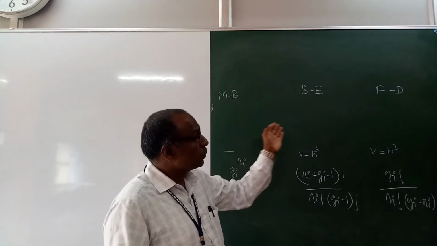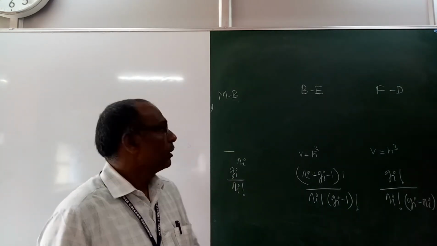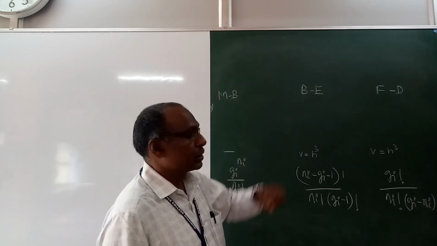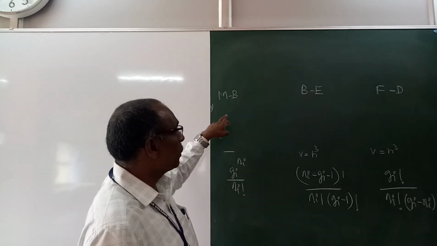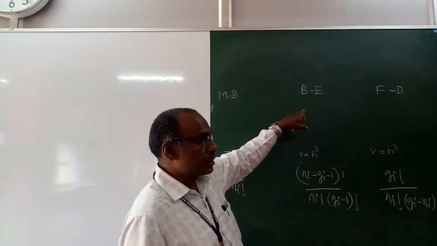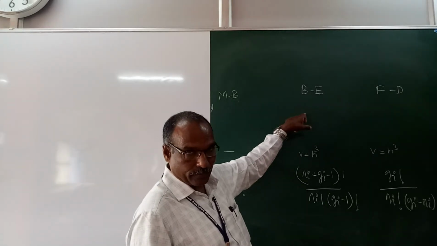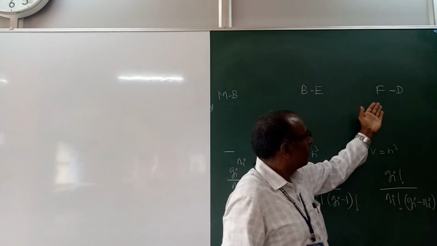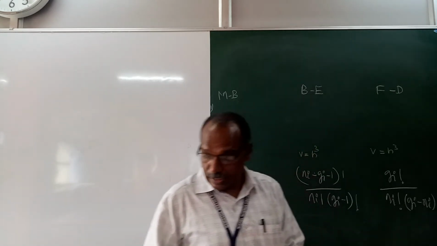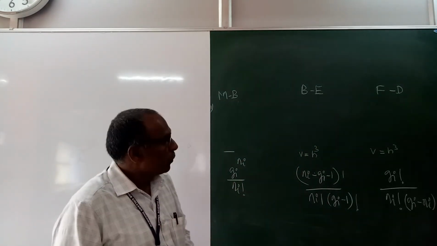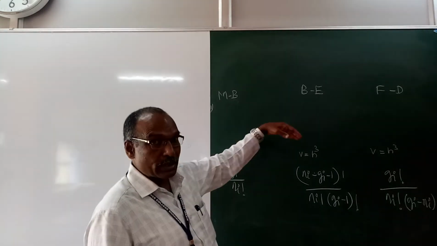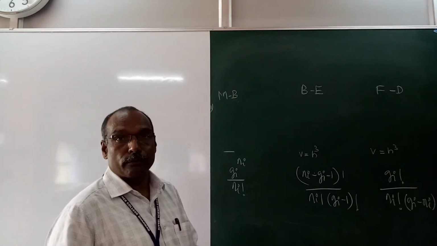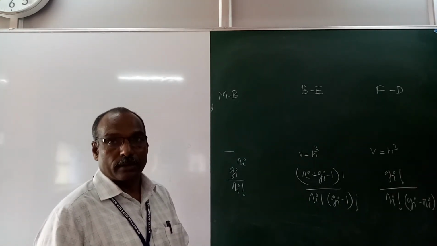Photons obey which statistics? Photons obey Bose-Einstein statistics. Neutrons obey Fermi-Dirac statistics. If they ask the spin of a photon, it is 0 or 1.